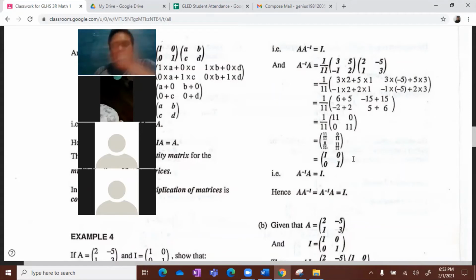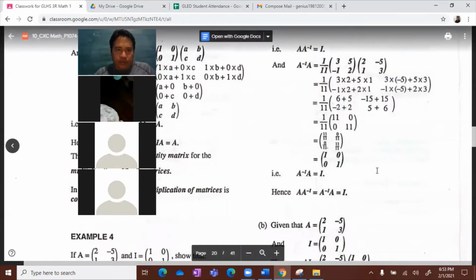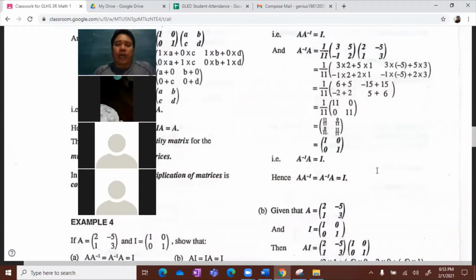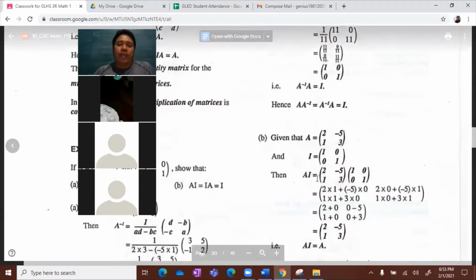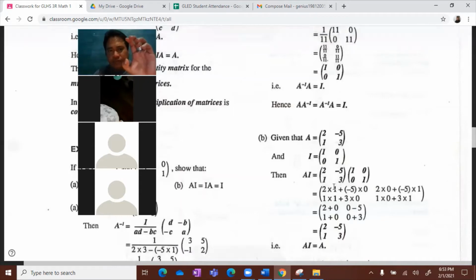So any matrix times its inverse will always give you this identity matrix. Very important. And the second property is if I take a matrix and I multiply by this identity, the answer will still be the first one because this will not change that. Sir, so what you're saying, it won't change the identity of the matrix?